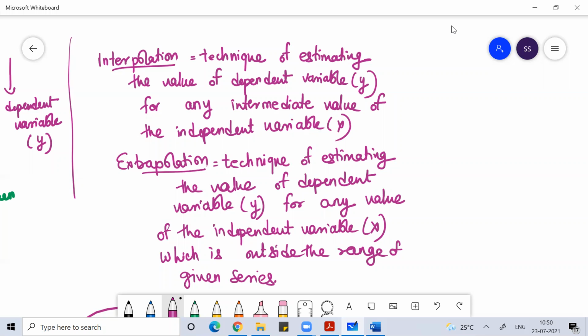Whenever we do this, we follow a few assumptions: the relationship between the two variables x and y should follow uniformity, the logic of uniformity. Then only we can establish an equation.